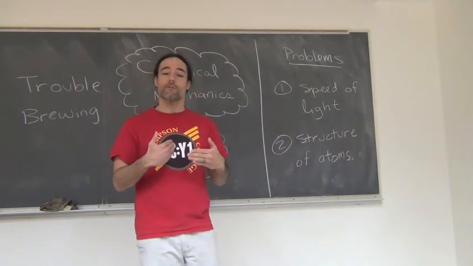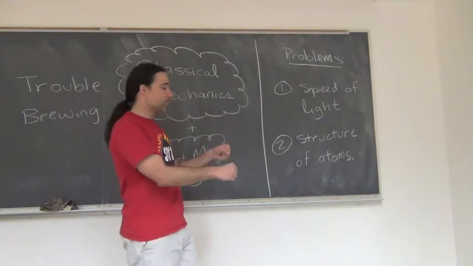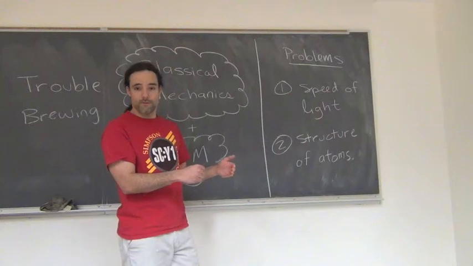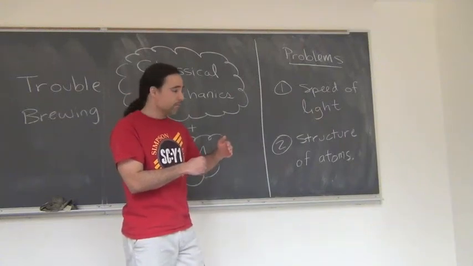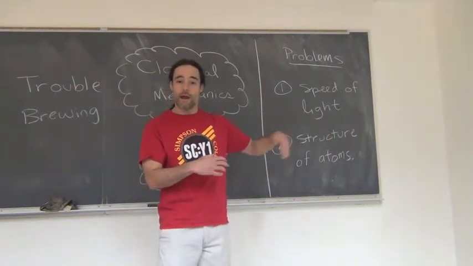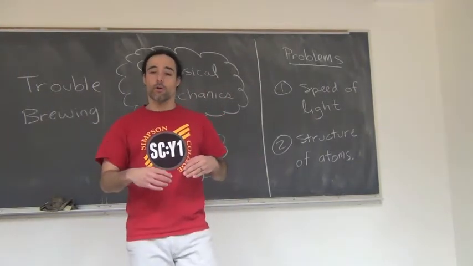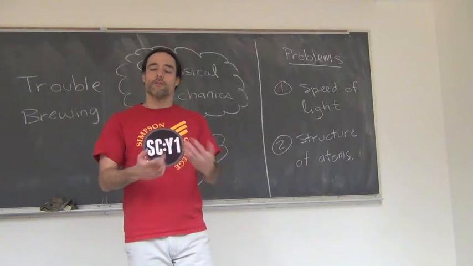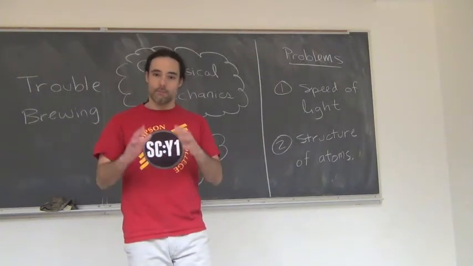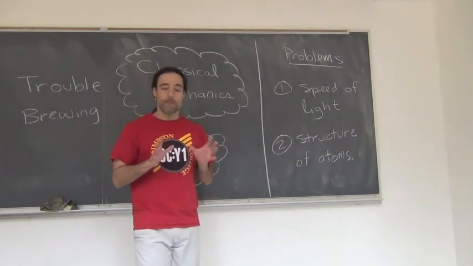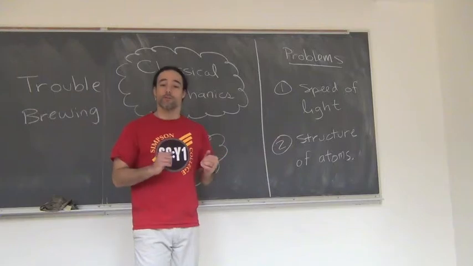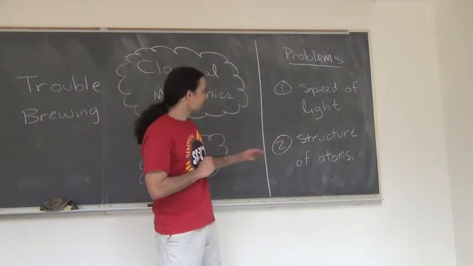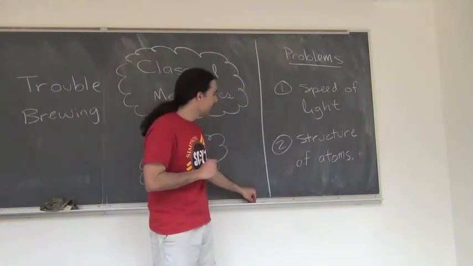In fact, how do we account for the fact that if you're driving at 50 miles an hour, and the light is supposed to move at 50 miles an hour relative to you, for somebody sitting on the side of the road, he would see the light moving at 100 miles an hour. So there seems to be some contradiction there. That is the topic of a subject called relativity. We're going to save that for another time. So that's the speed of light.